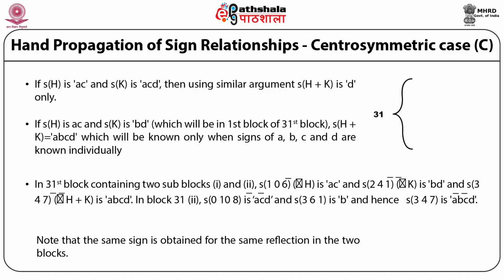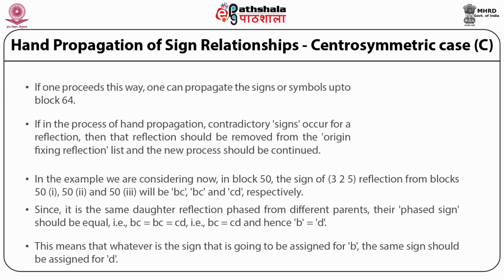For H plus K, simply put AC times BD, which is simply ABCD, that's it. So don't have any confusion. You just proceed, like a homework, you proceed this way. So with 64 blocks given in the output, you can do so many things.